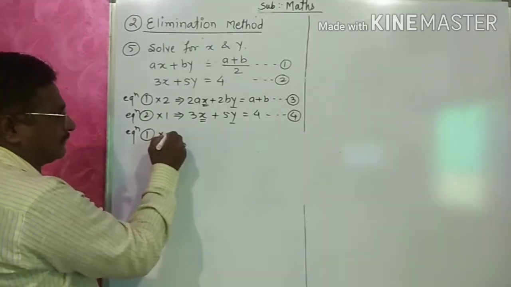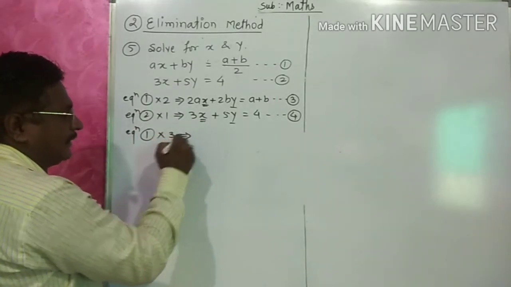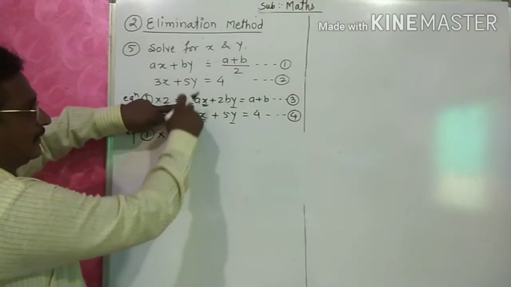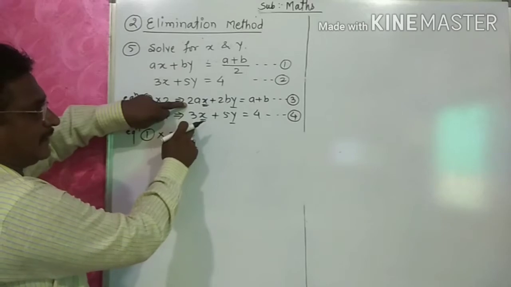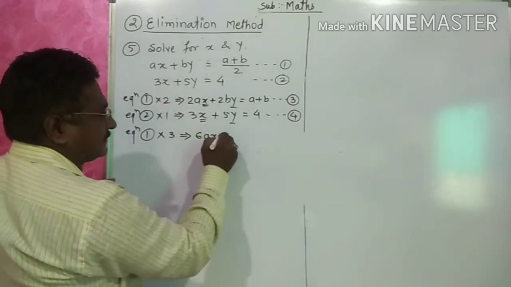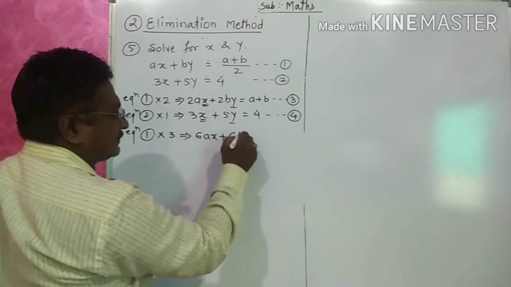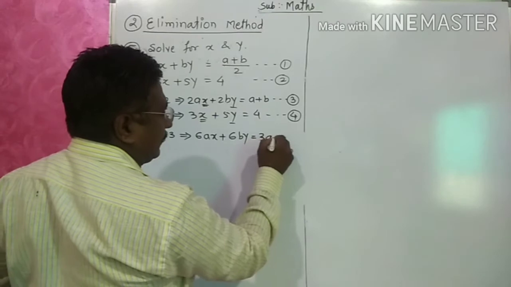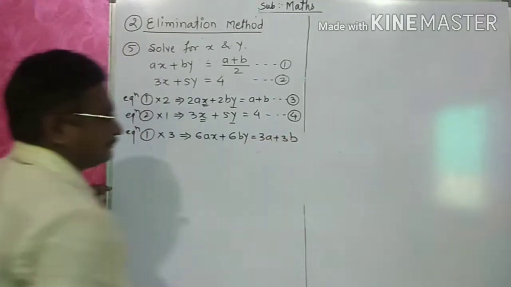For that purpose, multiply equation 1 by 3, multiplying each coefficient. What we get: 6ax plus 6by equals 3a plus 3b.